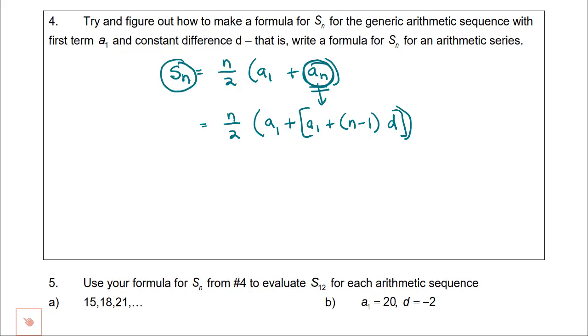So the sum can also be written this way. One of the A sub 1's, another A sub 1 is 2A sub 1, right? Plus n minus 1 times d.